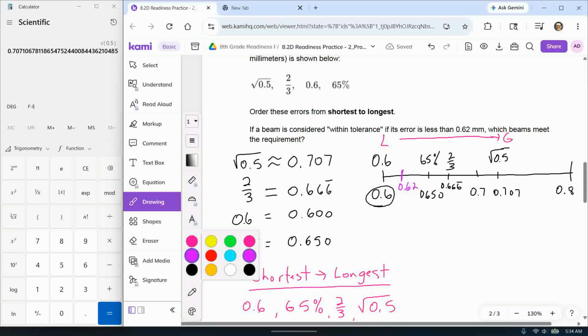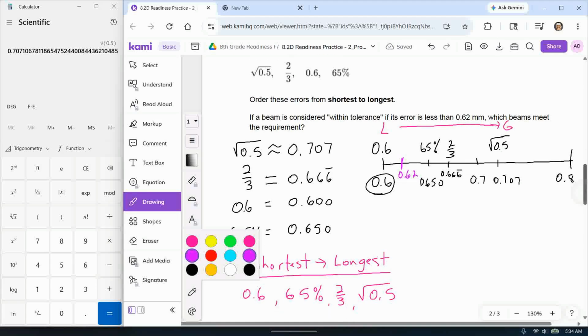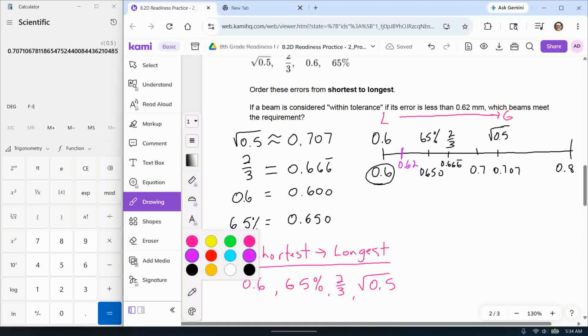Well, it looks like there's only one that's less than that. It has to be less than 0.62, not less than or equal to. All the others are greater than that. So it is just going to be that 0.6. So within tolerance, let's add that here. And that's going to be 0.6.